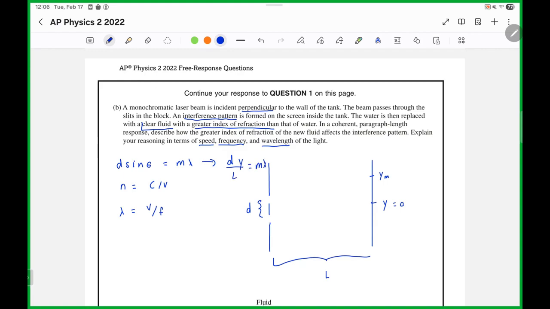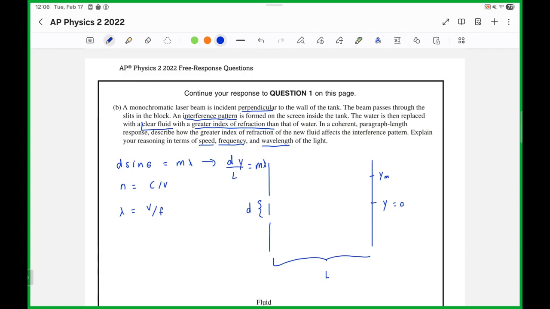With that, let's pay attention to what changes when we replace our material with one of greater index of refraction. So first, our slit distance hasn't changed, so d hasn't changed. L has not changed. We haven't increased the distance between our slit and our screen. y is what we're trying to solve for, the positions of our fringes. m simply describes the number of the fringe, so that's not changing.